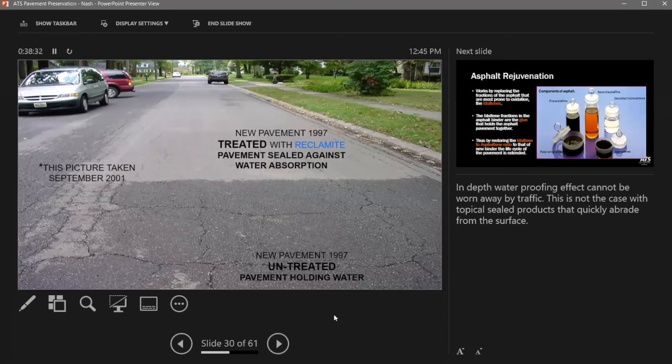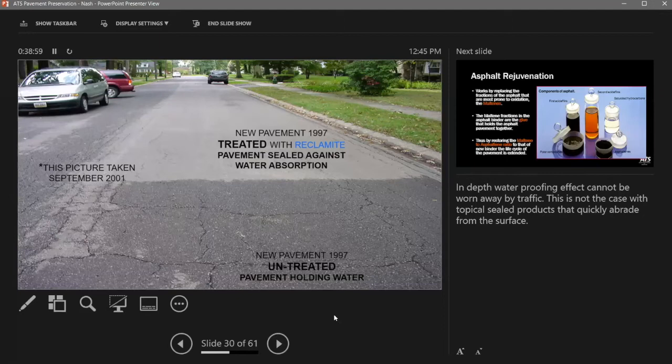And then the new pavement in 1997, same time, they left untreated. You can see some of the damage. You can see some of the cracking that was already there, or that has developed since. And you're looking at the difference between a pavement that had a very good asphalt because of the treatment. We're looking at 4 years later, and it has maintained its youthful look.